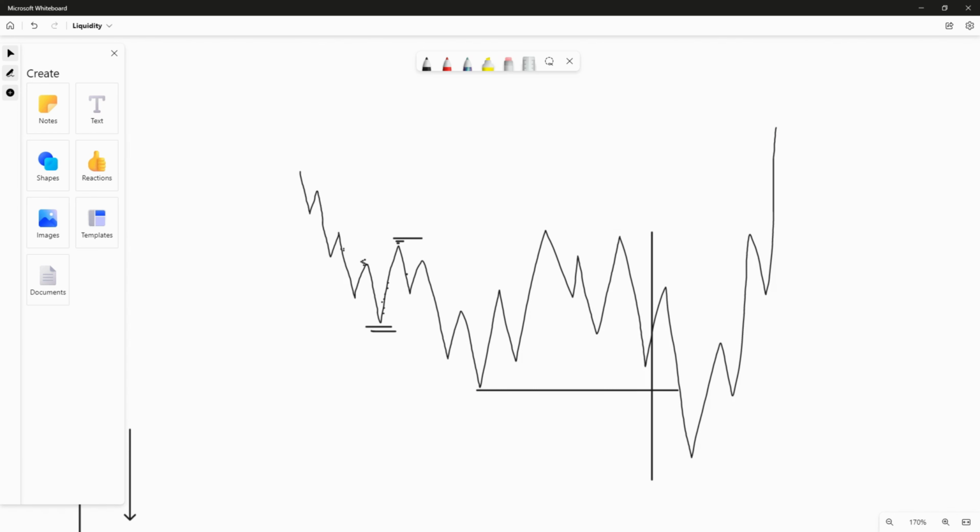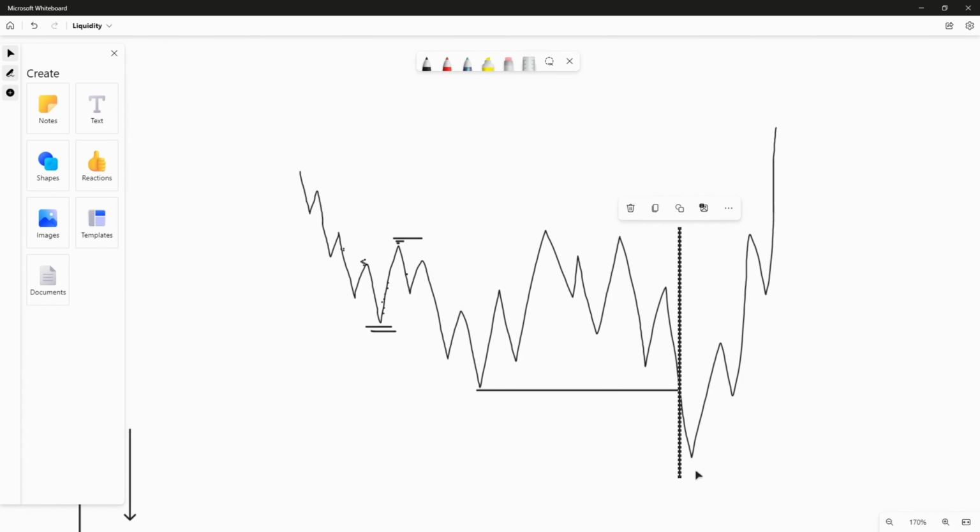Someone who wants to get rid of something is going to offer me a very good price to buy it. So these people who bought here, when they're sellers here, that's when I would look to buy. And as a buyer here, I would look to sell to people who wish to buy.